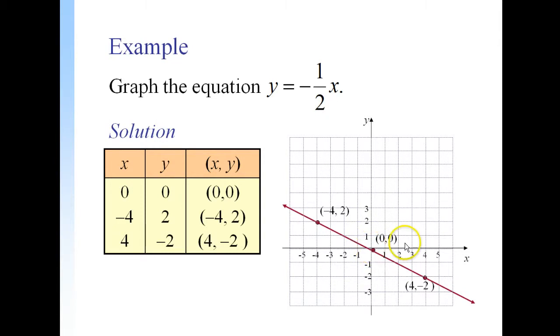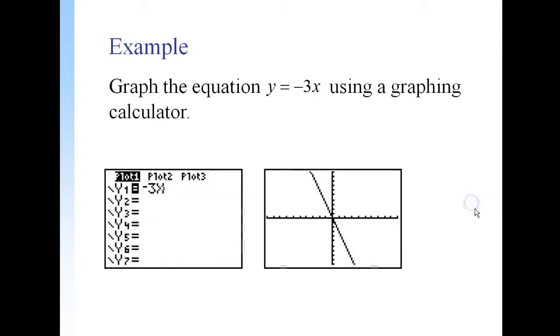See, they didn't quite get it to go through 0, but I was pretty close. Okay, if you have a graphing calculator, there is a technique, and I can show it to you if you'd like. But again, we don't expect you to have one, but this is how you would plot it. Go to graph, y sub 1 equals negative 3x, and then you hit plot or graph and you end up with this. They're very nice.